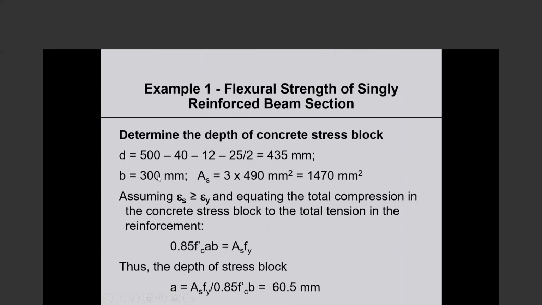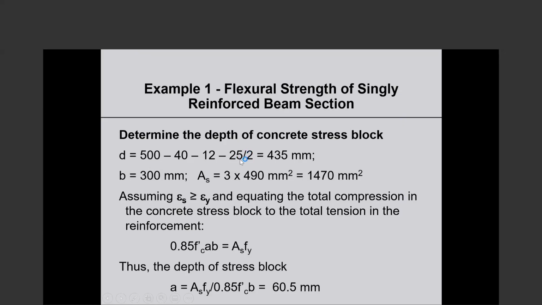First is effective depth. We have a total depth of 500 millimeters, 40 millimeters of clear cover, 12 millimeters is the diameter of the stirrup that has to be around the longitudinal reinforcement, and the longitudinal reinforcement is 25 millimeter diameter. We go to the center of the longitudinal reinforcement, so half the diameter.